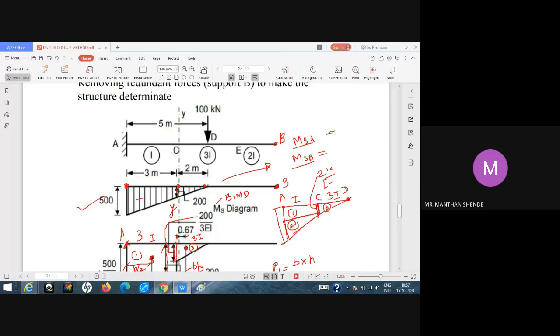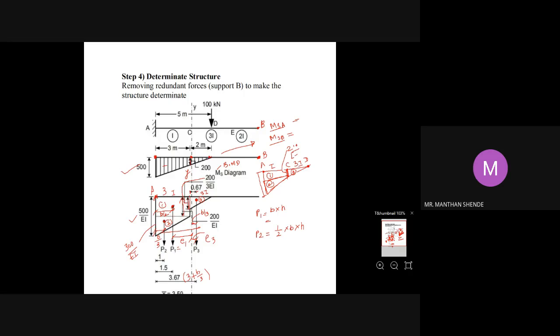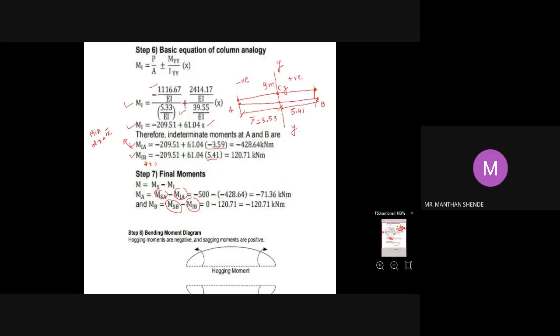The moment at A is minus 500, and the moment at B is 0. This value you will get from the Ms diagram. After plotting the Ms diagram, you will get this value.